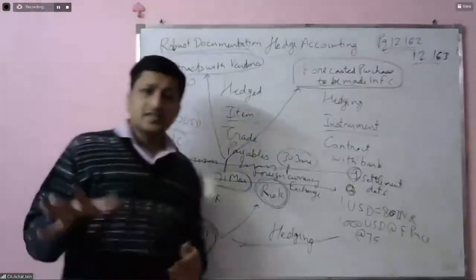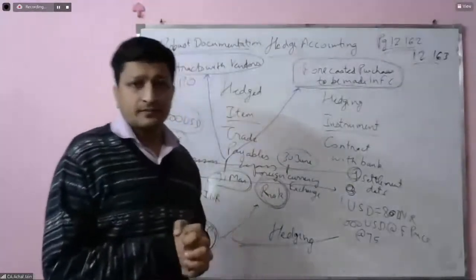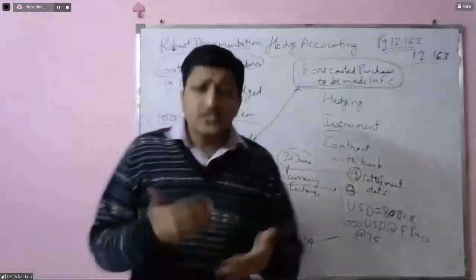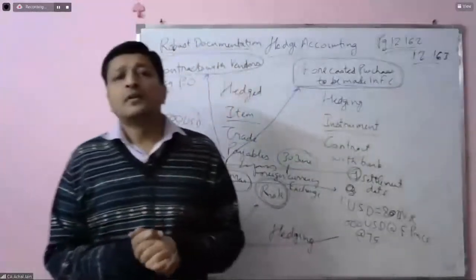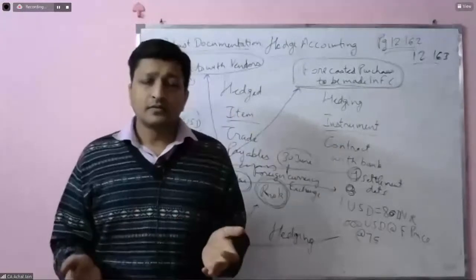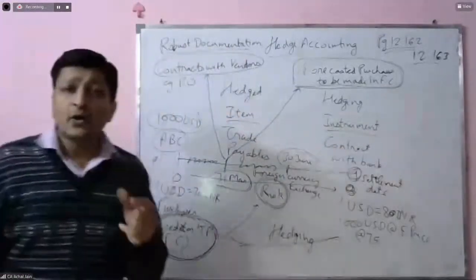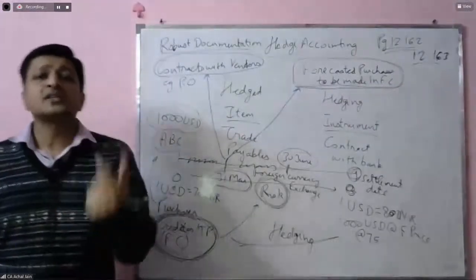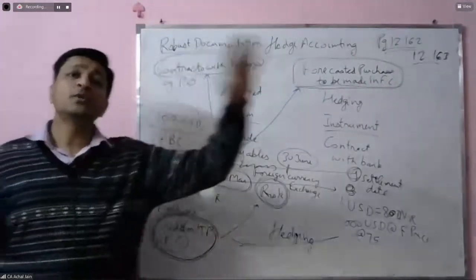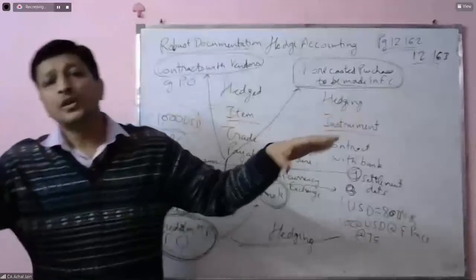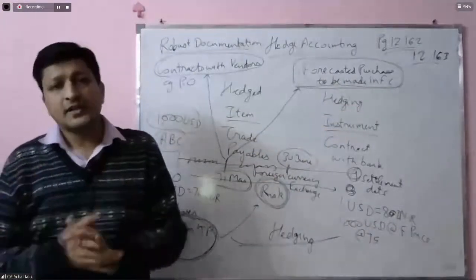See, in this case, what are we trying to check? That any changes in the fair value, where are they going? So what do we see? The changes in the fair value around the hedging portion, which is considered to be effective, are not going to P&L. They go to reserve through OCI.